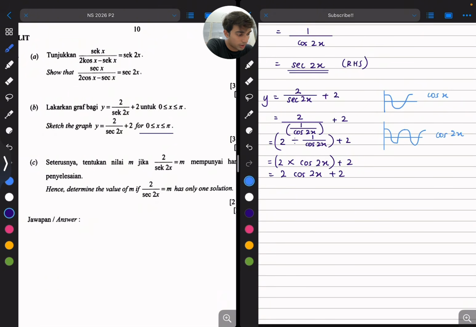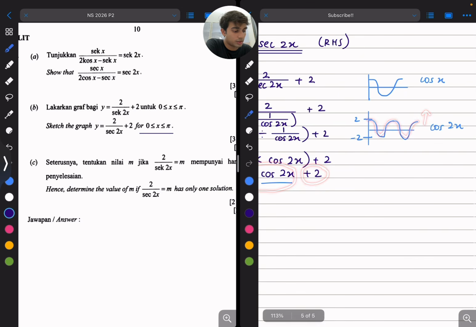If 2 cos 2x, then our amplitudes will be 2 and negative 2. And then 2 cos 2x plus 2 means the whole graph has to move up by 2 units.